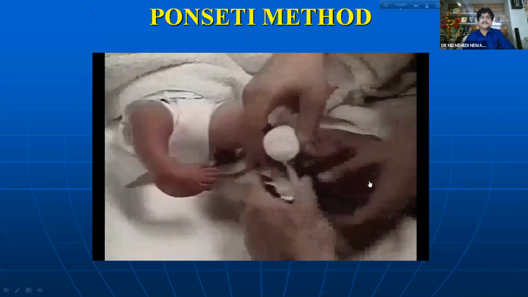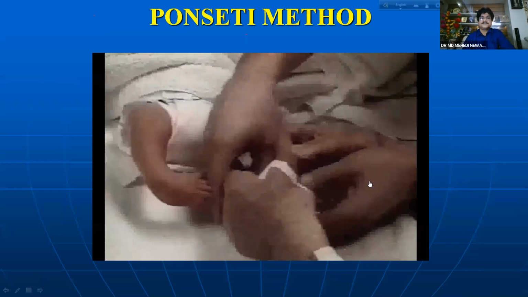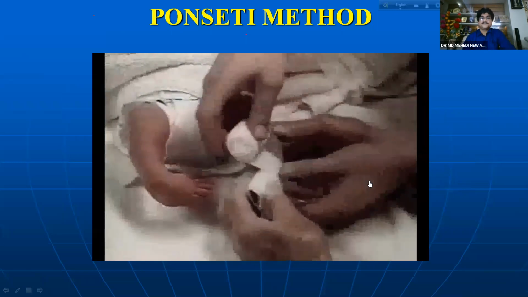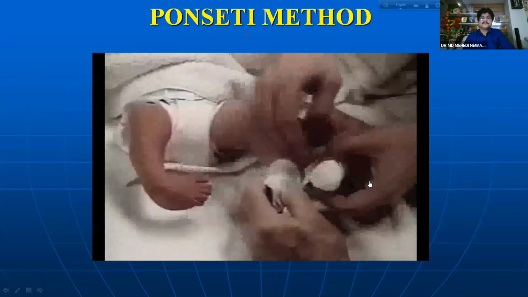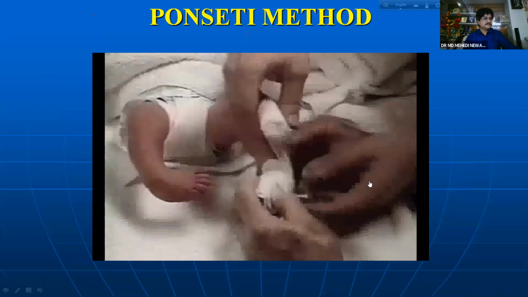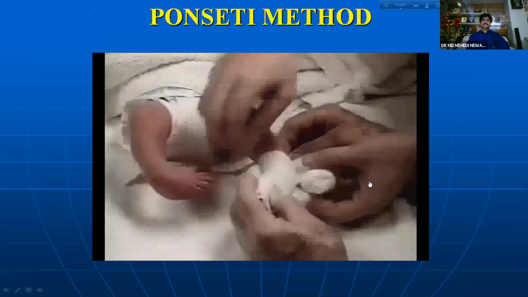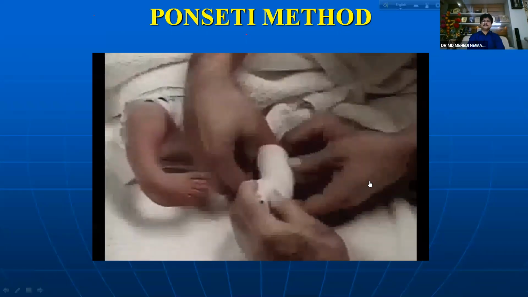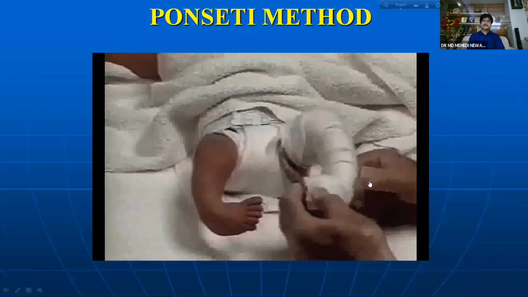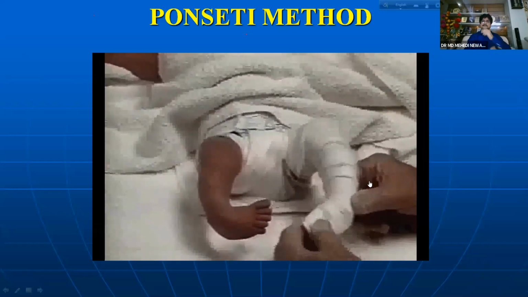It is applied tightly over the foot and lightly over the calf. The correction is maintained while the cotton is applied.